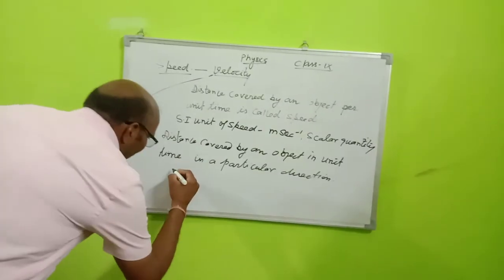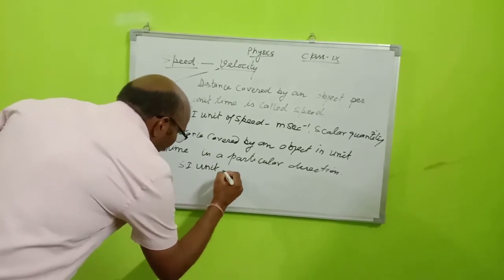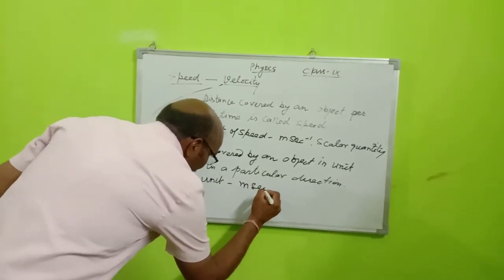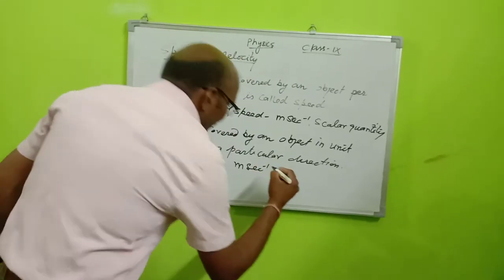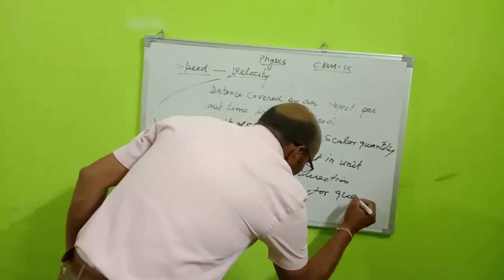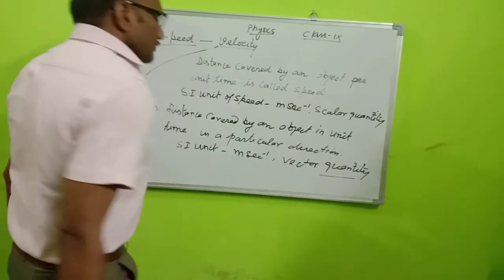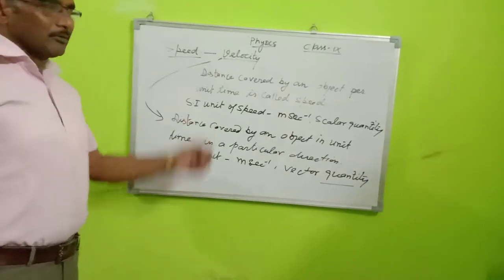Its SI unit is meter second minus 1, and this is a vector quantity. Some other differences we will discuss later.